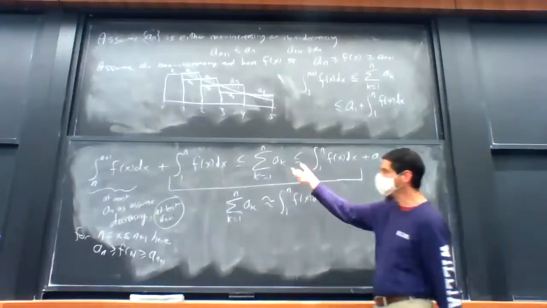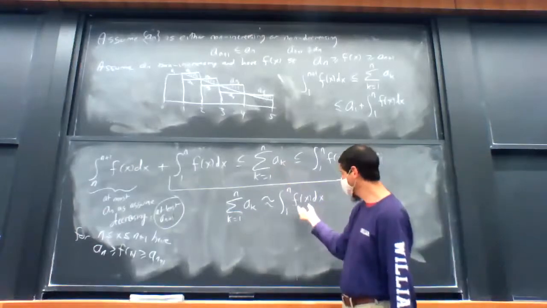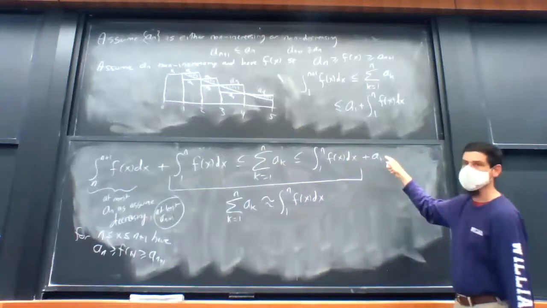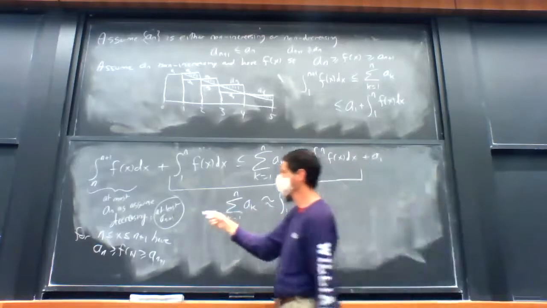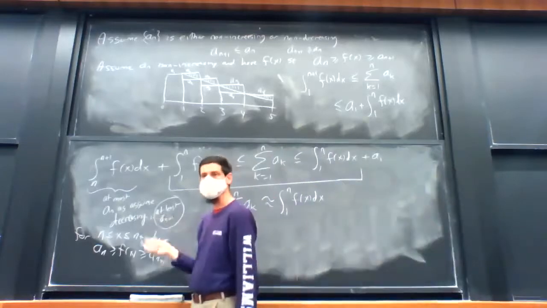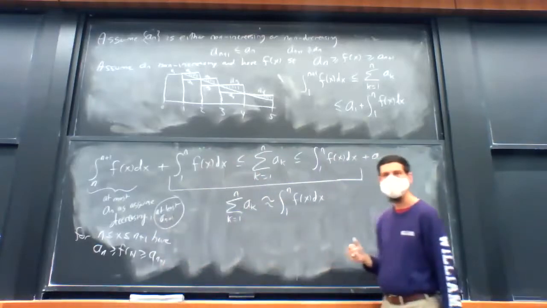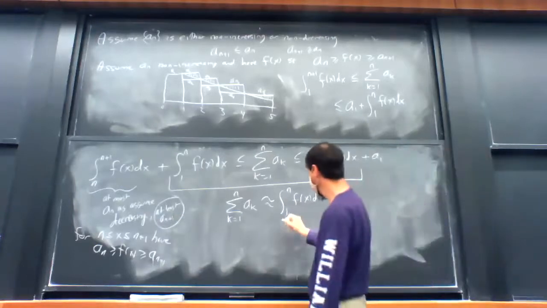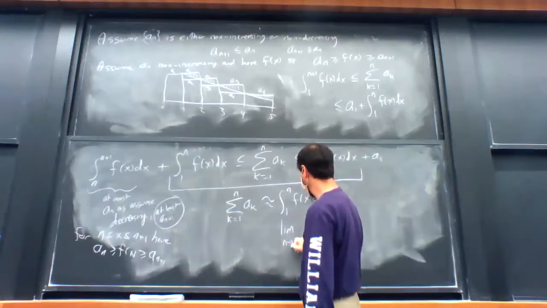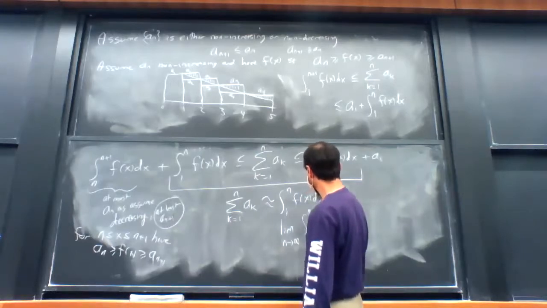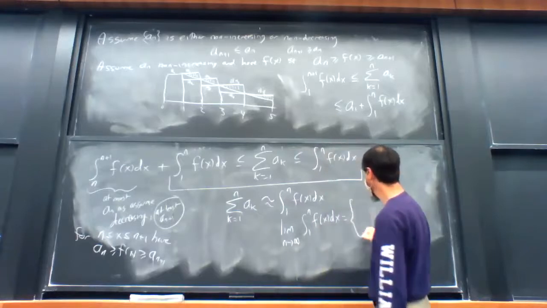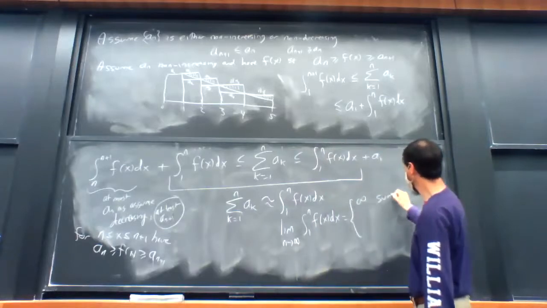So the value of this sum is very close to the value of this integral. It differs by at most a_1 for the upper bound or a_{n+1} for the lower bound. So this is the integral test. If you look at the limit as n goes to infinity of the integral from 1 to n of f of x dx, if this is infinity, then the sum diverges.